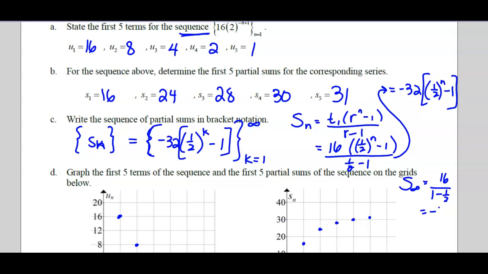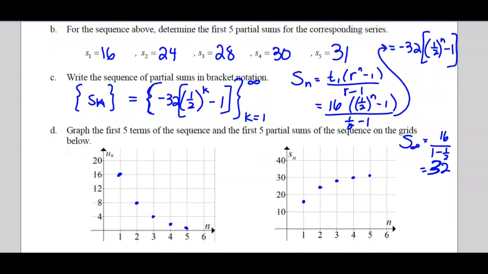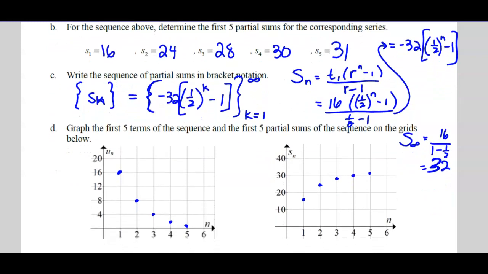Yeah, 1 minus a half is positive. Okay, so that means here, you'll notice that at n equals 5, that's 31. So as n goes to infinity, over here it is going to approach 32. All those values. So it levels off. That's an asymptote at 32.